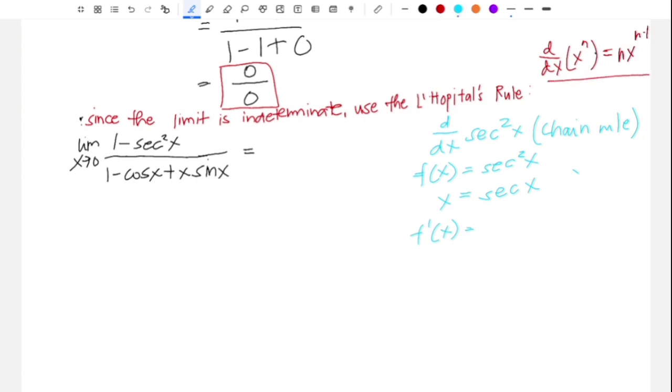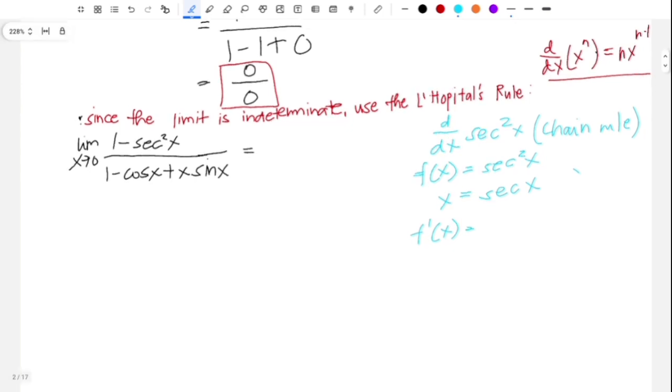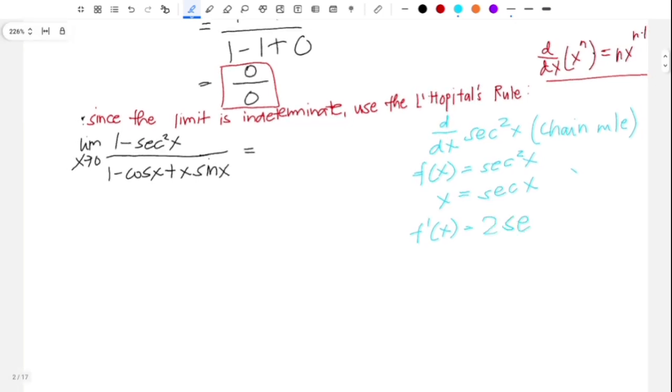So with that being said, we will have 2 secant x. Since 2 minus 1 equals 1, we don't need to put 1 as our exponent. Then the derivative of our x, the derivative of secant x is secant x tangent x.